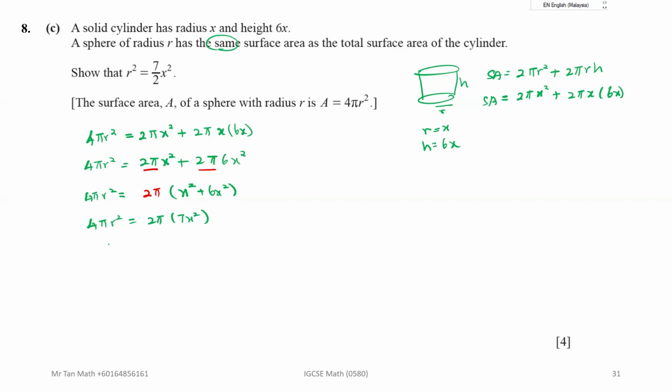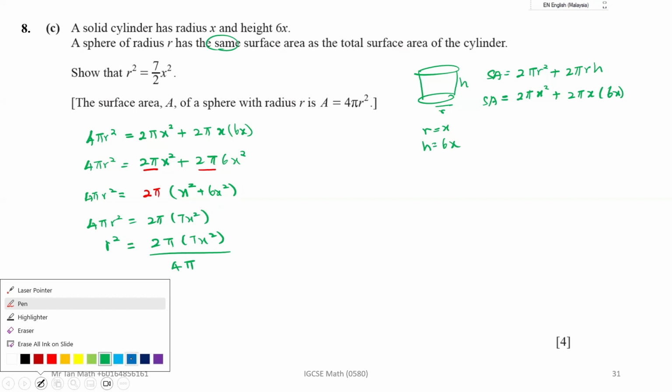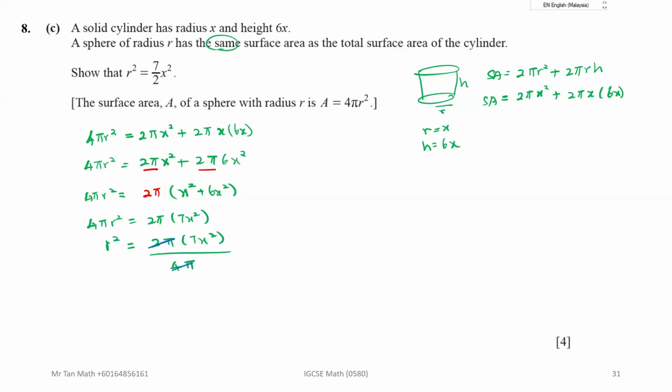Now r squared is equal to 2 pi times 7x squared over 4 pi. You can cancel, this will be 2. Now you get 7x squared over 2. So you can say that r squared equal to 7 over 2 x squared. Shown.